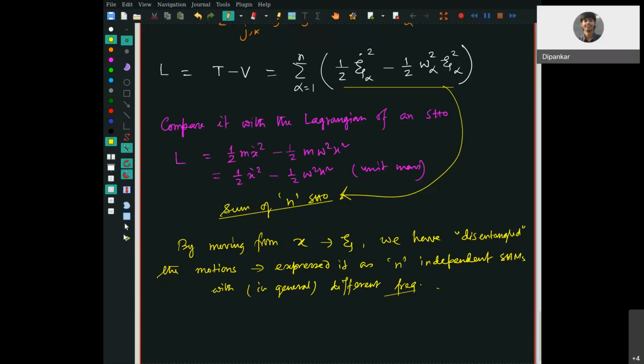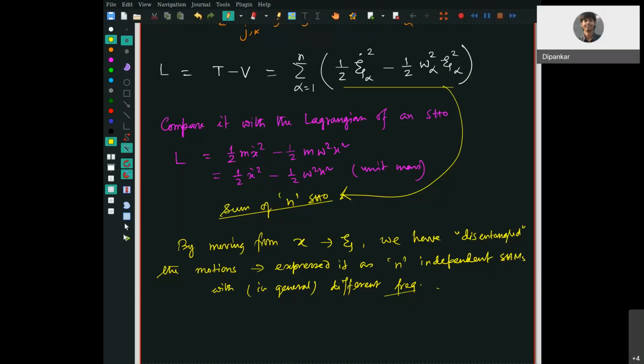If you define your normal coordinates, then in terms of the normal coordinates, all your simple harmonic motions are disentangled. So what is meant by disentangled? By disentangled, I mean that there are no cross terms, no mixing between xi alpha and xi beta.